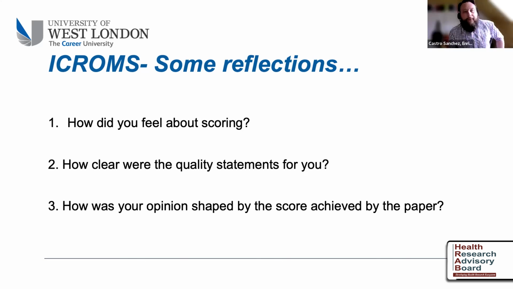So that's the thing. If you were using ICROMS for a literature review where you've got 5 people, for example, then obviously with ICROMS, if the paper doesn't achieve a certain number of points, it will be excluded from the literature review. So you're going to have 3 situations.